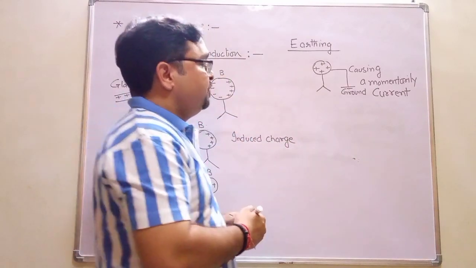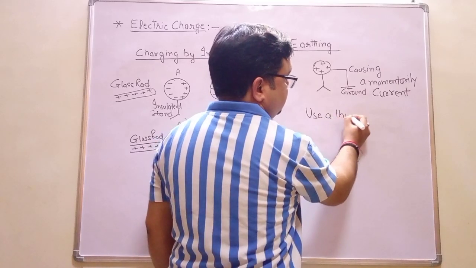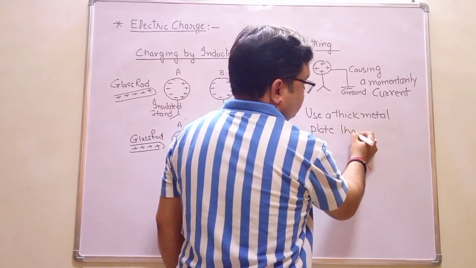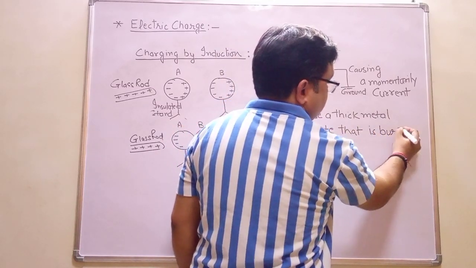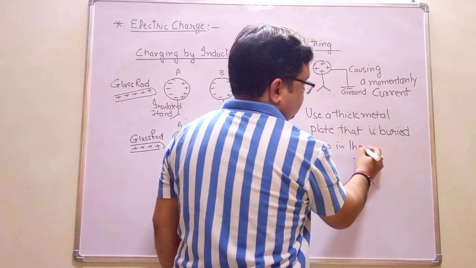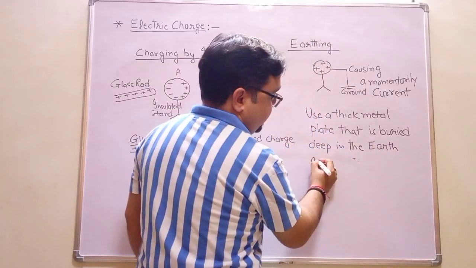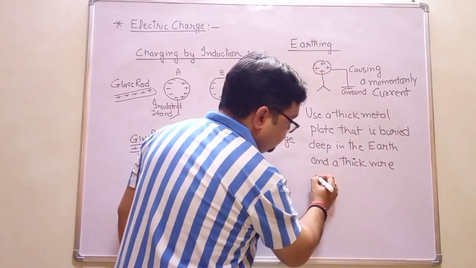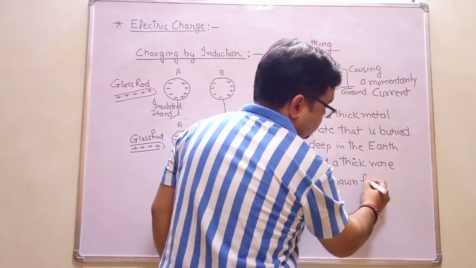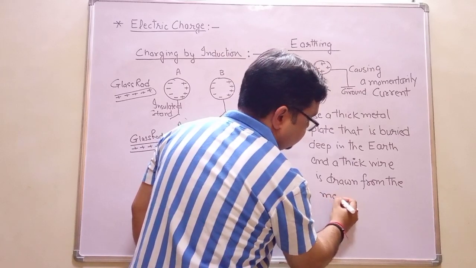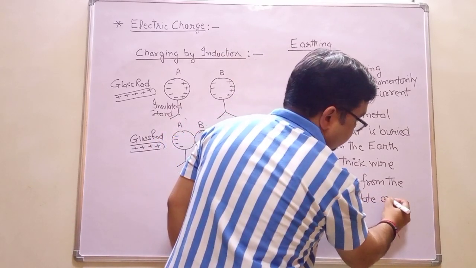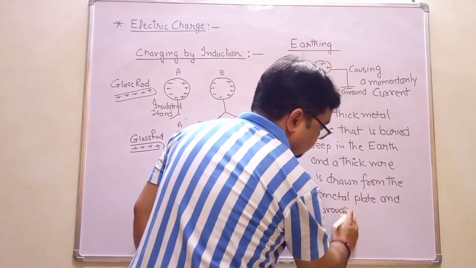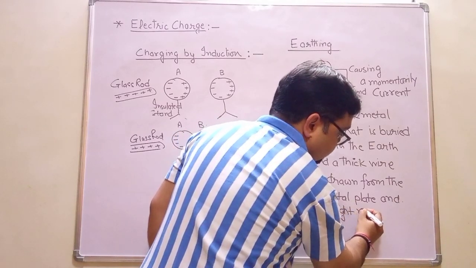Now the procedure for earthing is, we use a thick metal plate that is buried deep in the earth, and a thick wire, always remember, we have to use a thick wire, is drawn from the metal plate and is brought near the main supply.